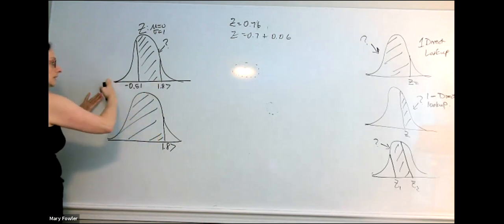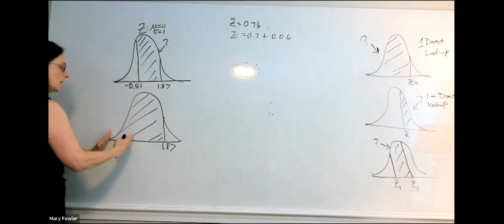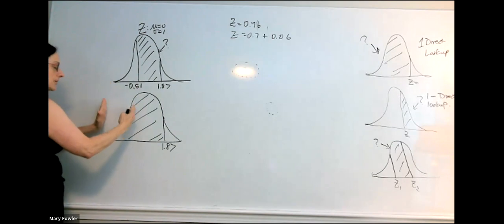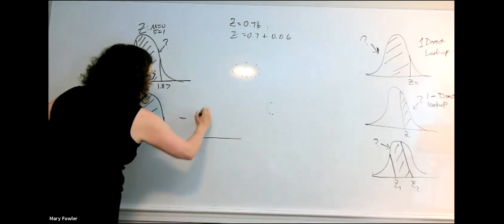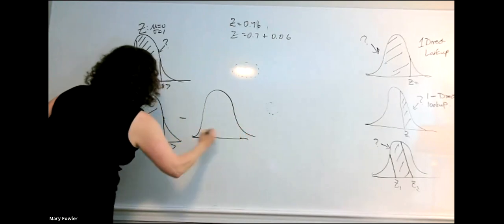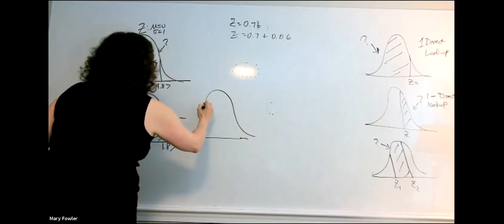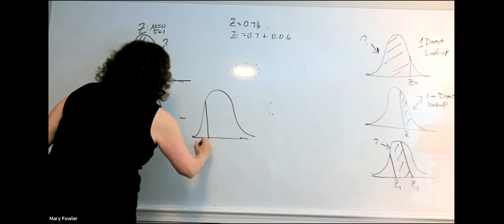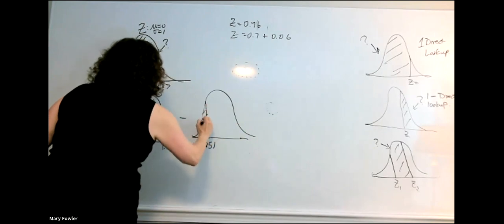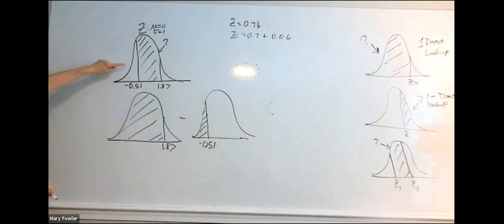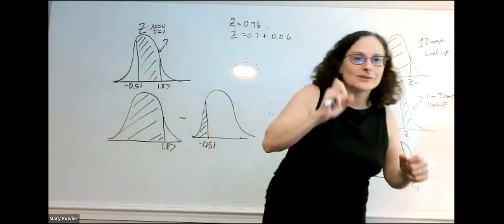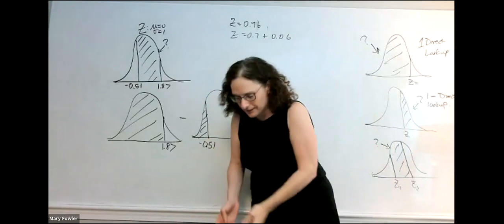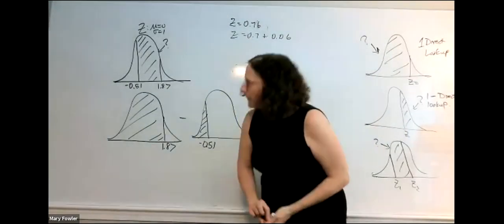Right, and that's all of this, and it's too much by that strip to the left of negative 0.51. So we're going to do two direct lookups here and then subtract them. Okay, so if you can even think about this, if you were thinking about cutting out construction paper with a little scissor or something, that you're trying to get at this bounded region.